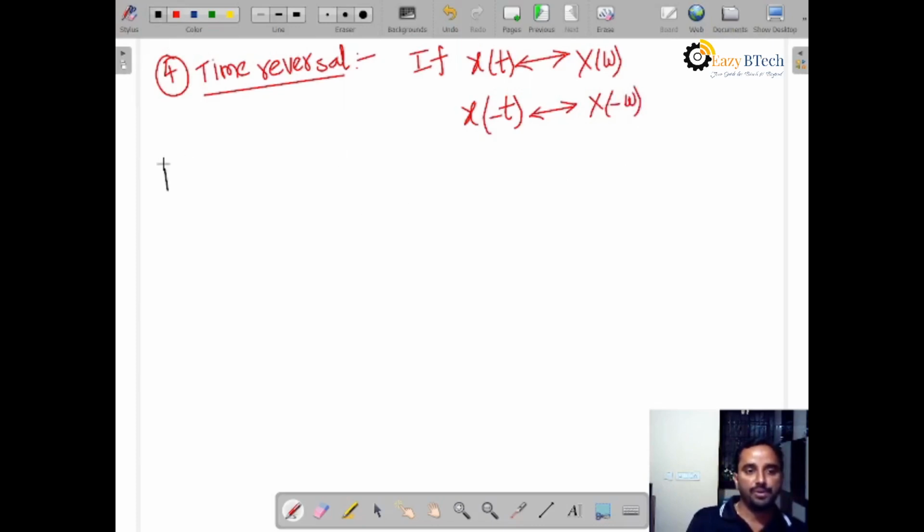Okay, see the proof. This proof we can do using the time scaling property. So let's take that time scaling property, then we can do the proof, just 1-2 lines.